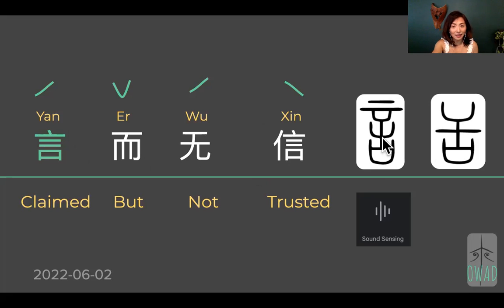Looking at this, things were more complicated, right? Eventually the vertical line over here was taken out, like that's not needed, and with just that, it's enough to express the sense of the word.